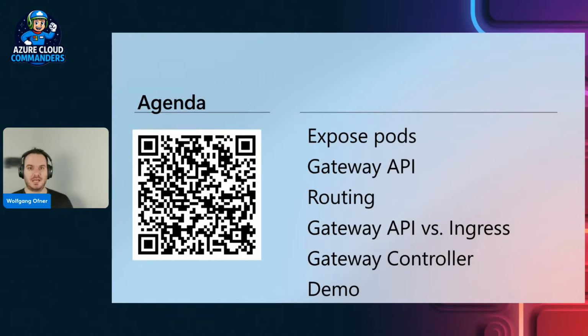Then we take a look at a couple of the capabilities, for example, the routing. I give you an overview of the differences between the Gateway API and the Ingress, and also my personal opinion. Then we are going to take a very quick look at a couple of gateway controllers that are out there. And then I'm going to show you a demo about everything I showed you in theory.